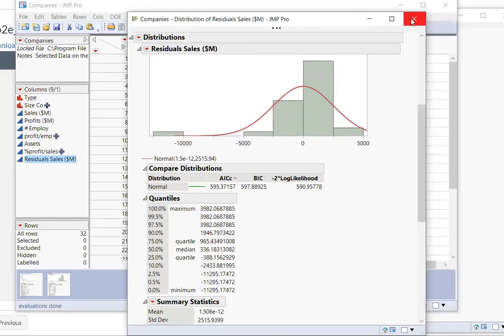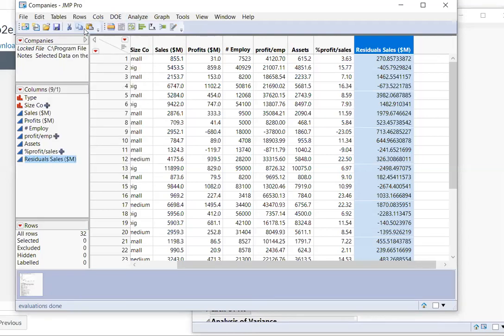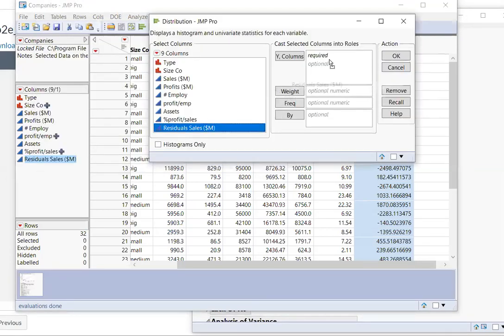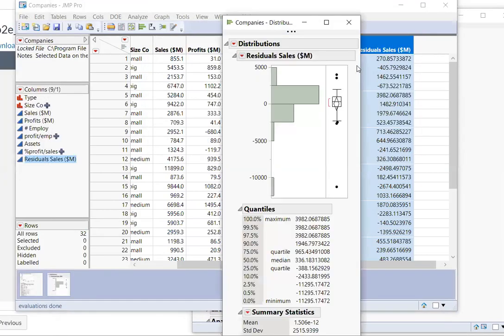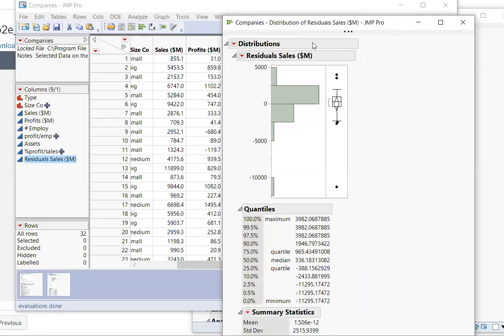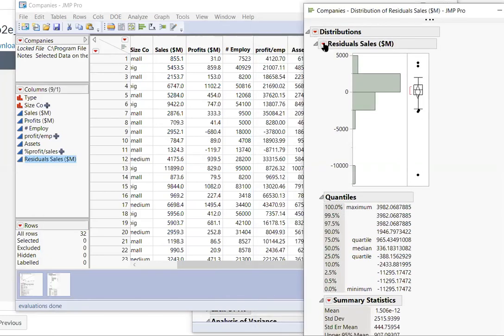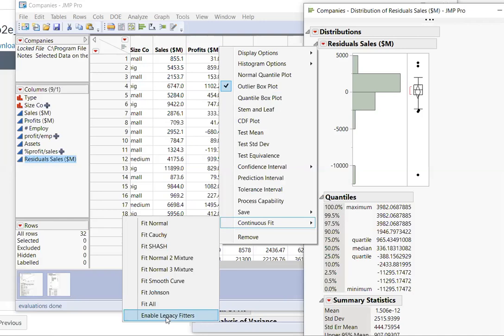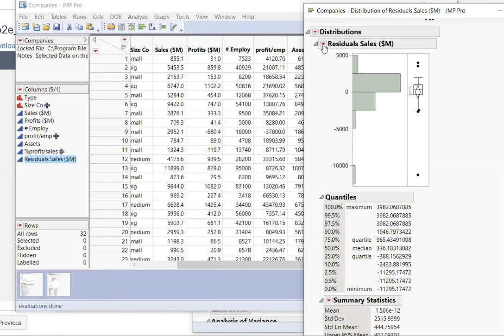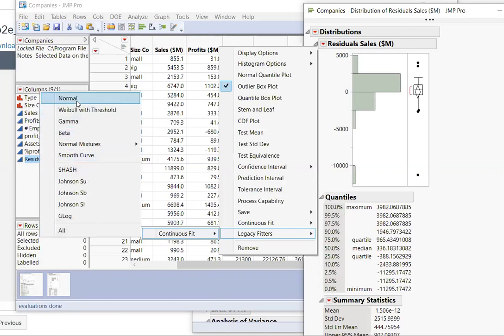So let me do this one more time just to make sure everyone is understanding this clearly. I go to distribution, residuals, go to Y columns. So we just go over the Shapiro-Wilk one more time. Residuals, continuous fit, legacy, enable legacy fitters. And after that, one more time, go here, legacy fitters, continuous fit, and normal.